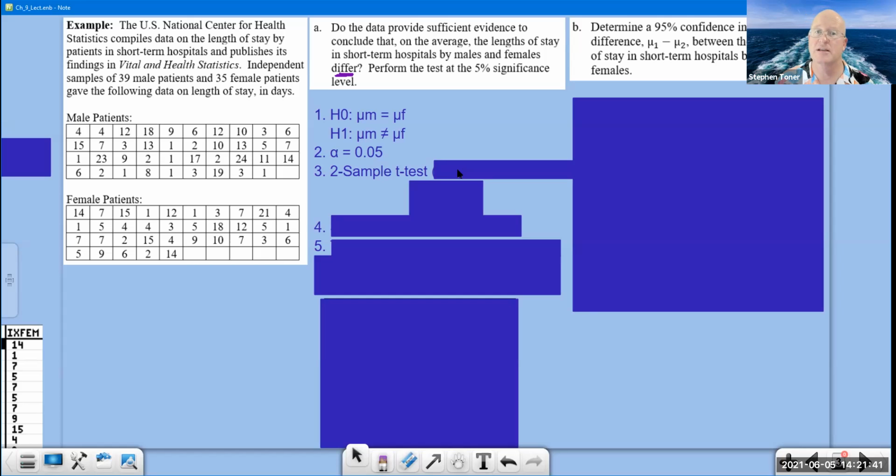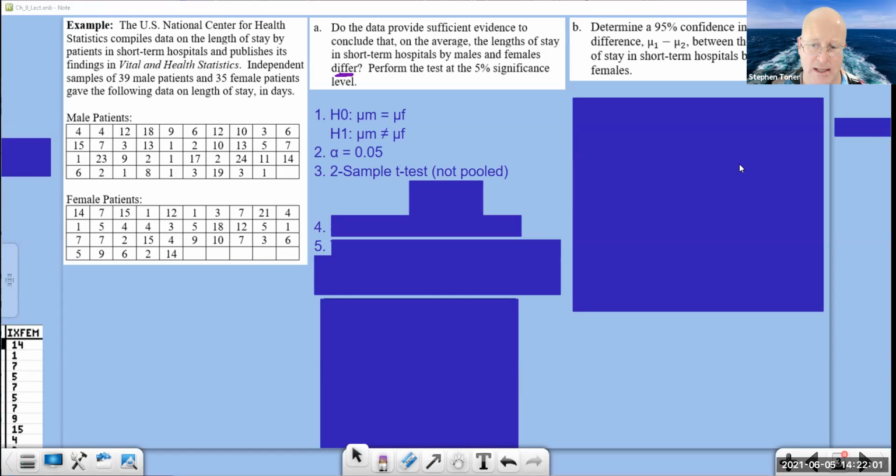In this case, because we have men and women, already assigned to their gender, and we're not randomly assigning them to a gender, this is going to be a non-pooled procedure.